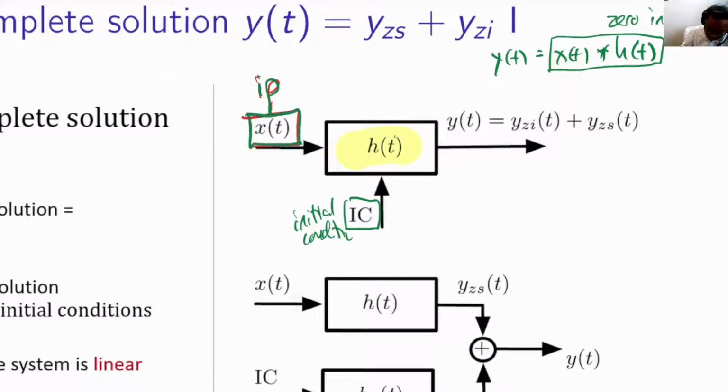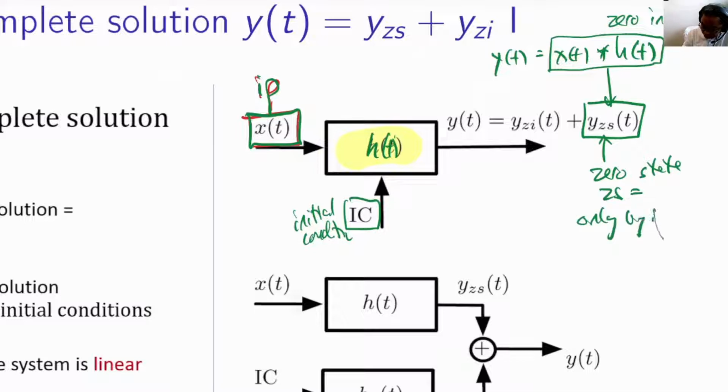This green box here, x of t sending to h of t, and out comes something called the zero state solution. Here the word zero state, or ZS, is the output due to a system only by input, and the system has zero state.